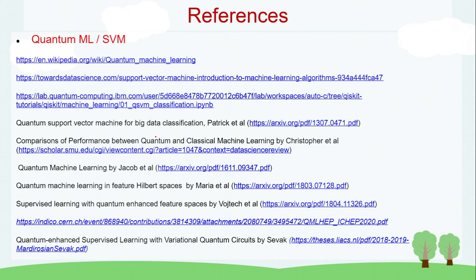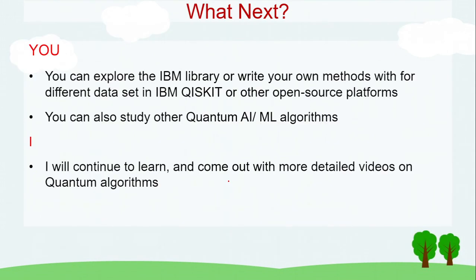Everybody is trying to do it in a slightly different way, and then trying to explain, trying to focus on certain aspects. So they're all nicely given here. I hope you enjoyed it, and then what else can you do? You can explore the IBM library further, or you write your own methods.